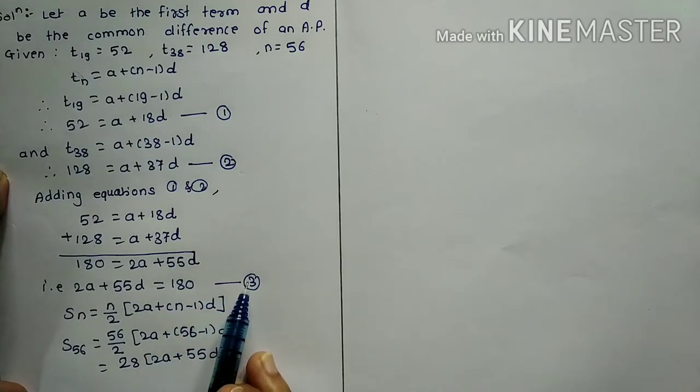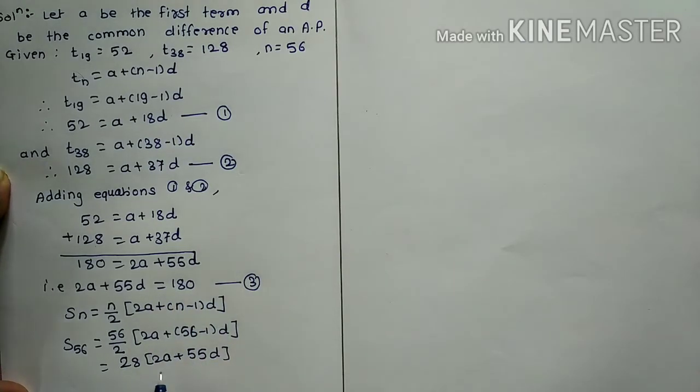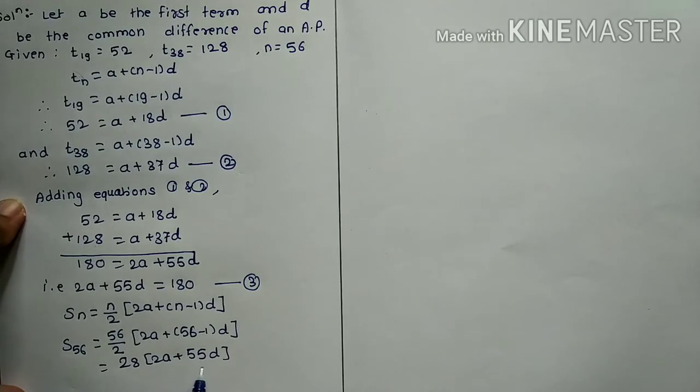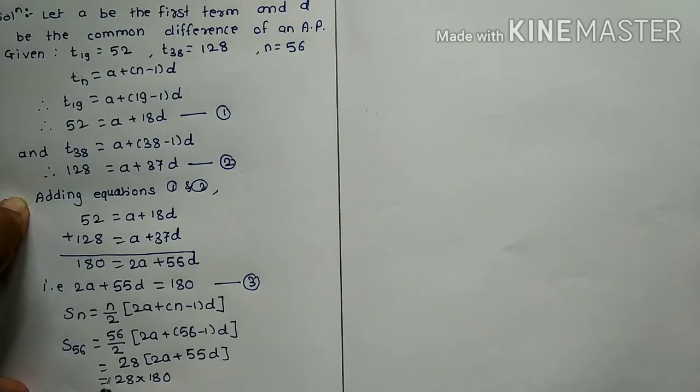Therefore from 3 we can substitute the value of 2A plus 55D, that is 28 into 180. After multiplying we get 5040.